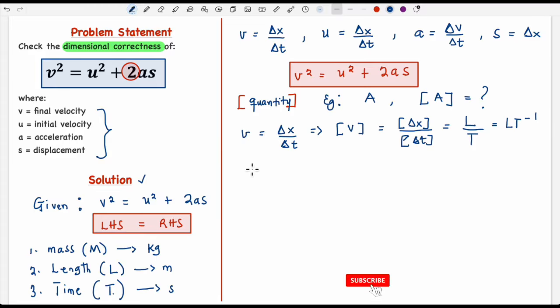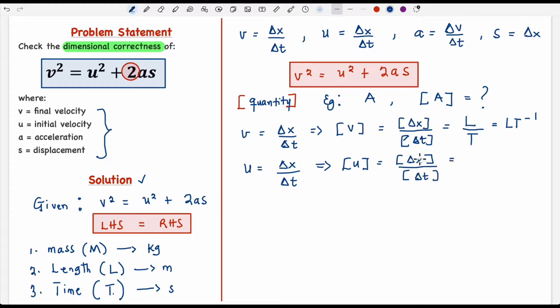Okay, the initial velocity will follow the same approach. Delta x divided by delta t, because generally that is the definition for velocity. Whether it is initial or final velocity, we just have to express it in the same way. So the dimensions of the initial velocity is going to be the dimensions of displacement divided by the dimensions of time.